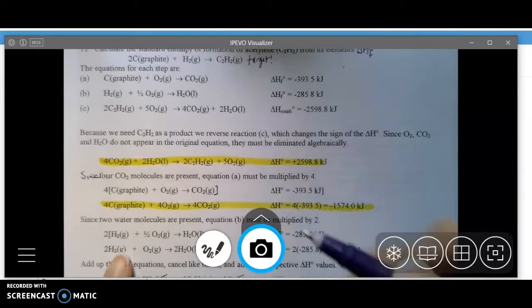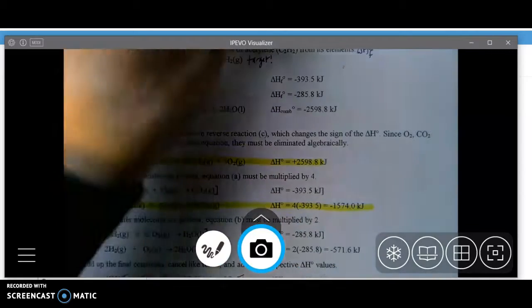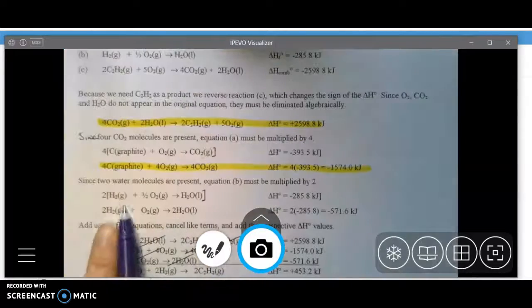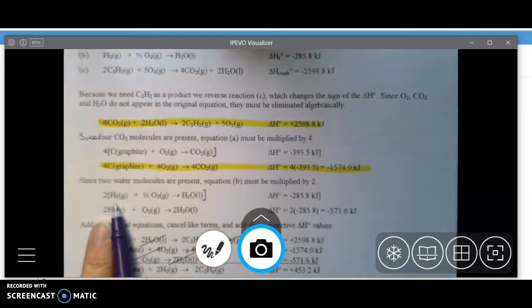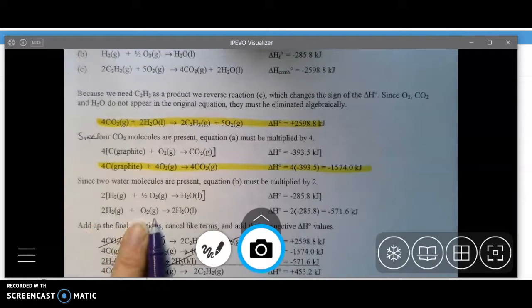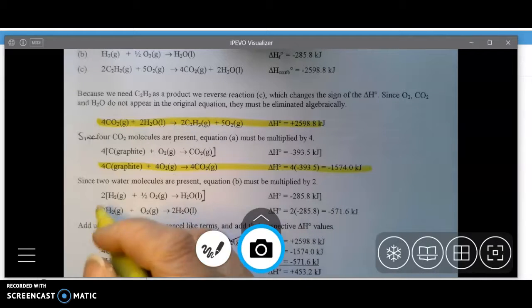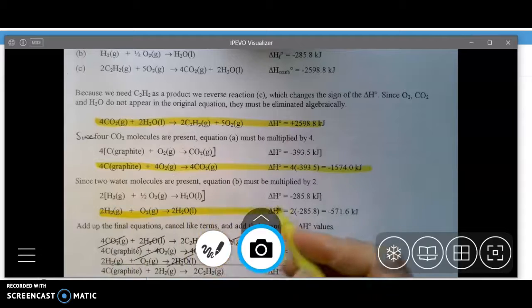So I'm going to multiply that through by 2. And again, same thing, distribute that 2, so 2 times 1 is 2, 2 times a half is 1, 2 times 1 is 2, and then 2 times my delta H value. And again, I'm going to highlight that one because that's the completed one.